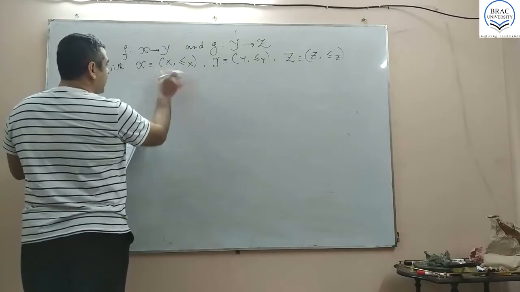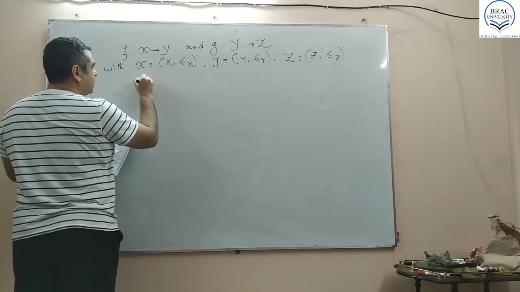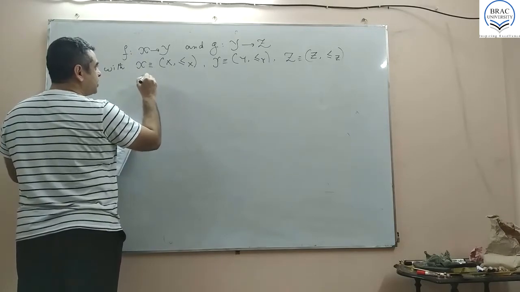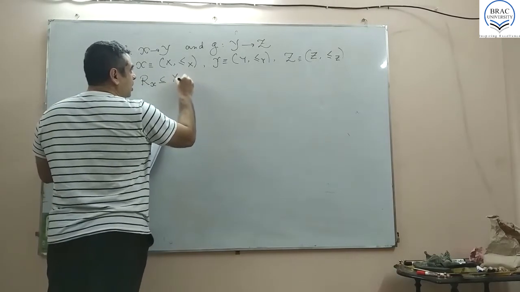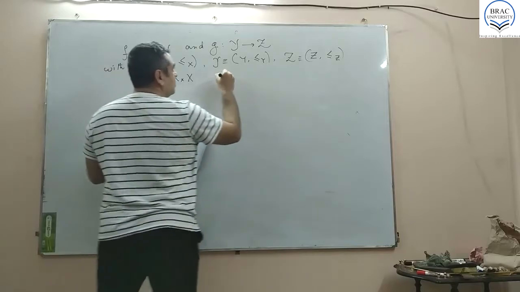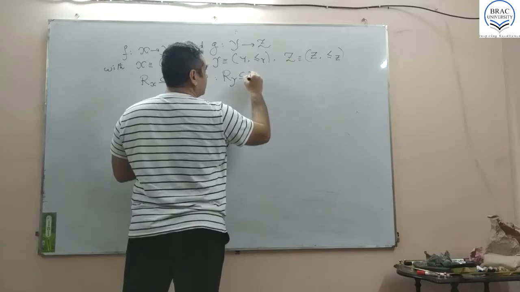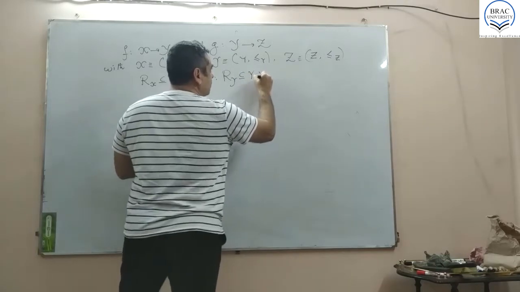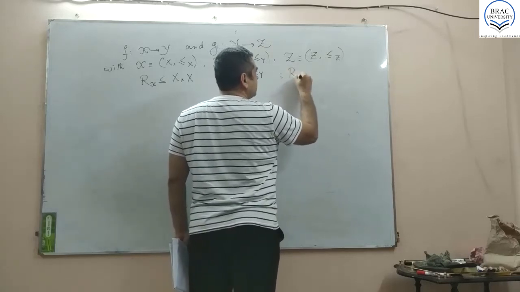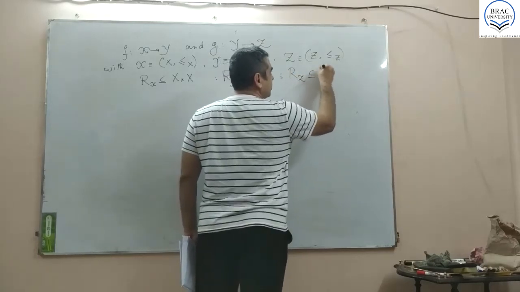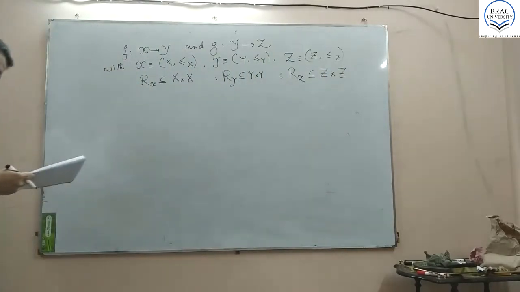And here, for this case, the relation is given by a subset of the Cartesian product of X with itself. So R sub Y is a subset of Y cross Y, and R sub Z is a subset of Z cross Z. These are the things given.